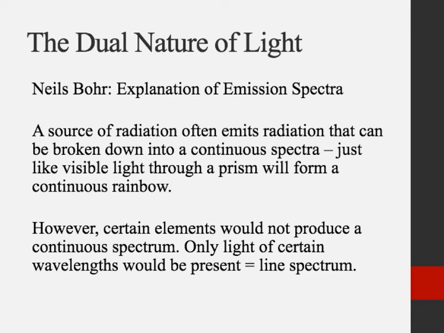However, certain elements would not produce this continuous spectrum. Only light of certain wavelengths would be present, which would produce a line spectrum. And I've said this before, each element has its own specific line spectrum, very much like we have our own fingerprint.